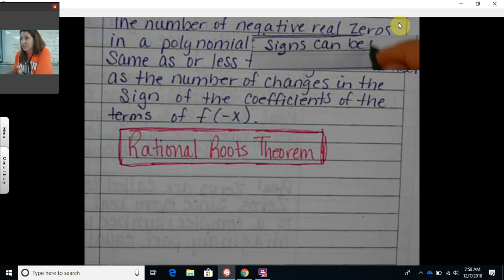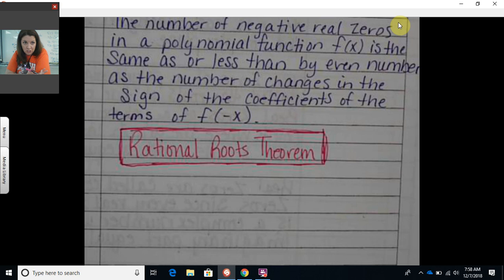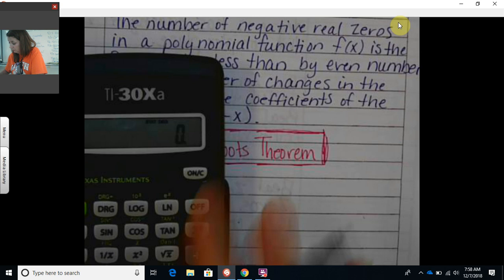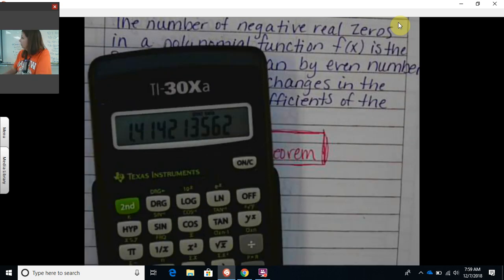Not just real roots, because the square root of 2 is a real root, but it's not rational. Rational is a fraction or a number that you can turn into a fraction. 2/3 is rational. The number 3 is rational because I can put it over a 1 and it's a fraction. But the square root of 2 is this number, and it keeps on going.